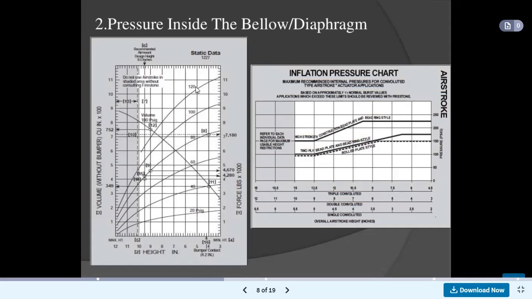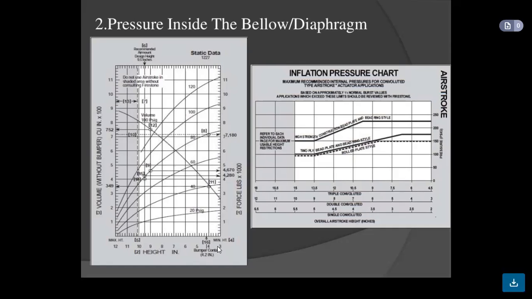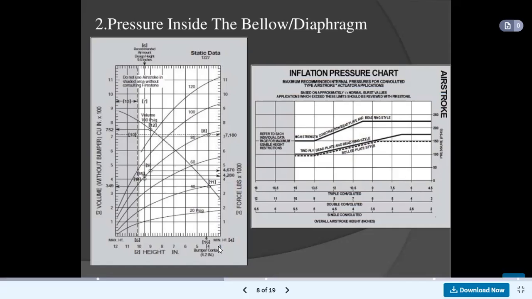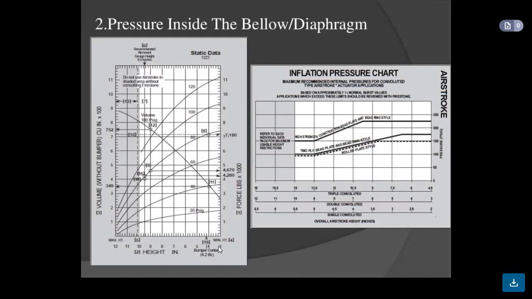If we consider the maximum, that is 120 psi, in this case the maximum height becomes, for this end condition, 3, and the force in pounds is 11 into 1000 pounds. This is the force, and the volume is nearly about 11.